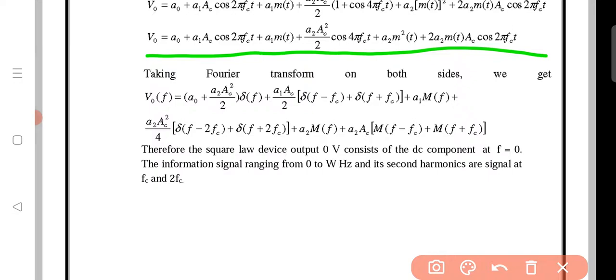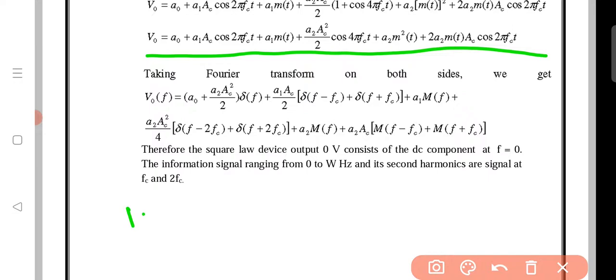For better understanding, every equation is represented in both time domain and frequency domain representation. For the frequency domain representation, we take a Fourier transform. We apply the Fourier transform technique to the above equation.